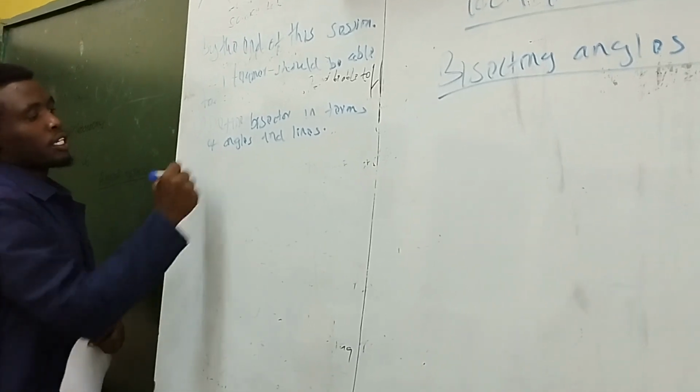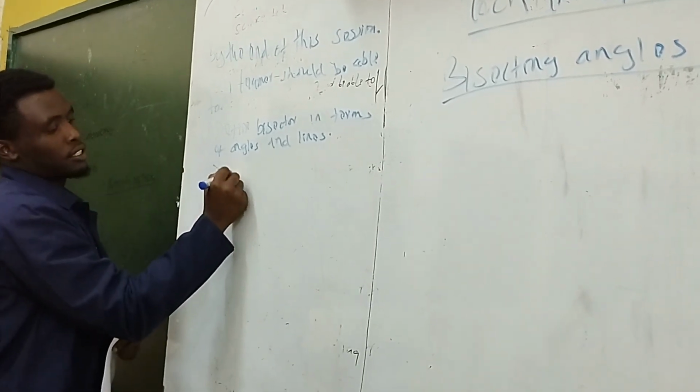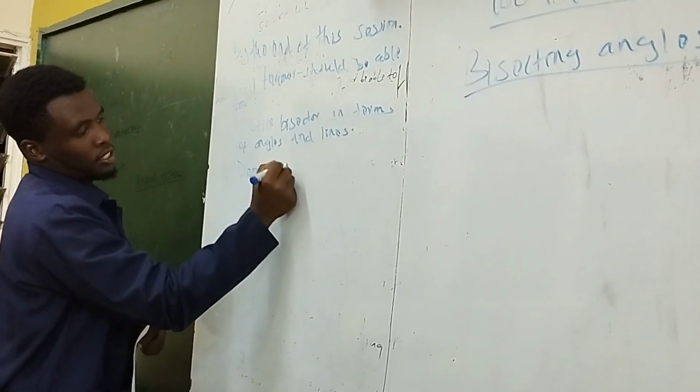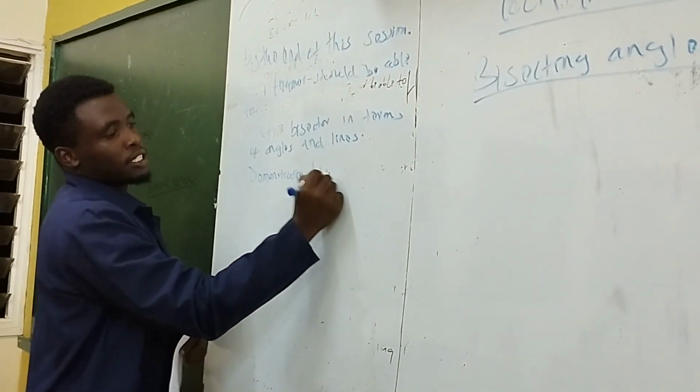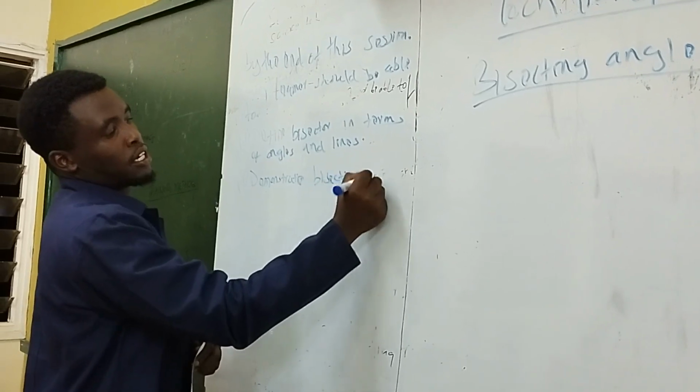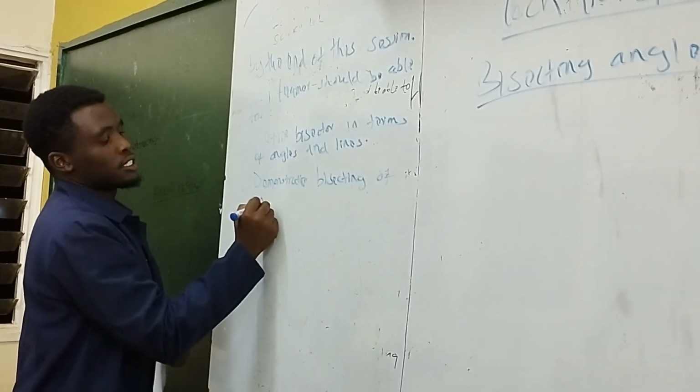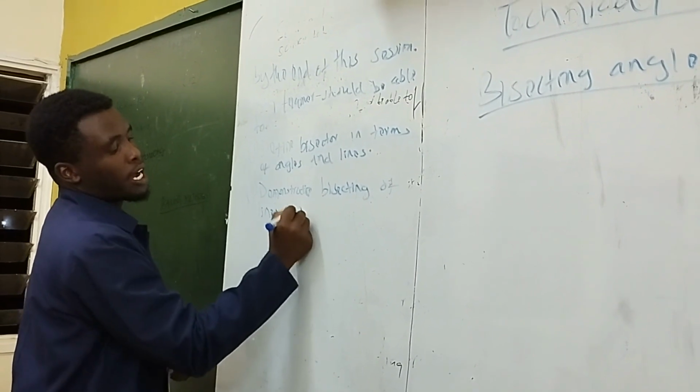Number two, demonstrate bisecting of lines using a compass and a ruler.